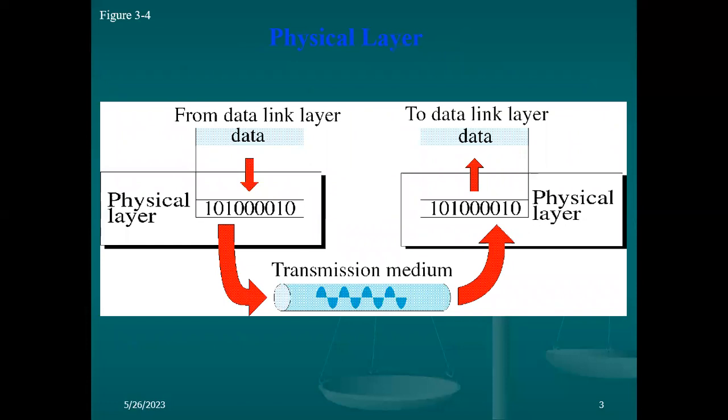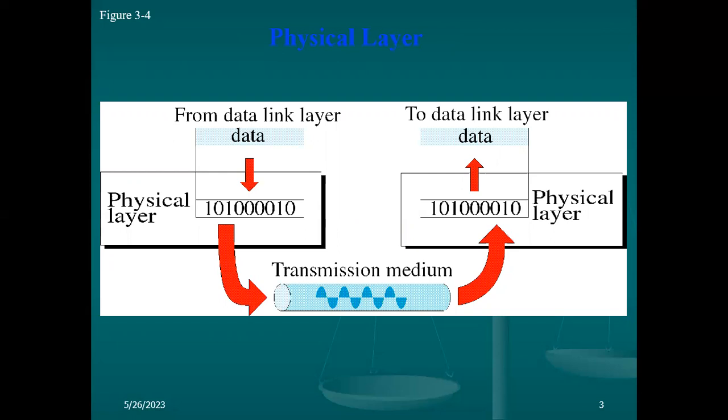This diagram depicts how the physical layer is communicating with the transmission medium. The left side indicates the physical layer receives the data from the data link layer in the form of frames, and the physical layer converts the frames into raw bits, which are zeros and ones.